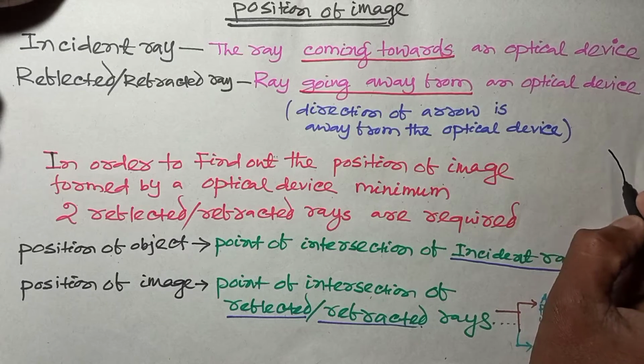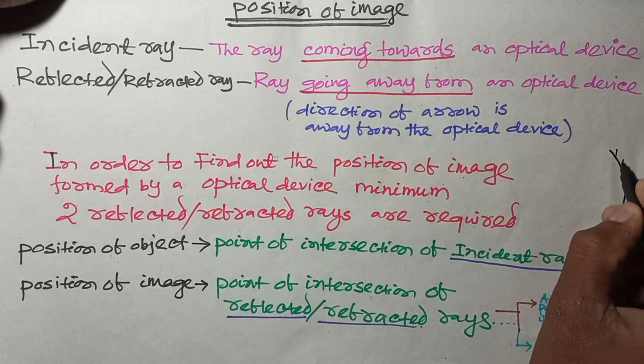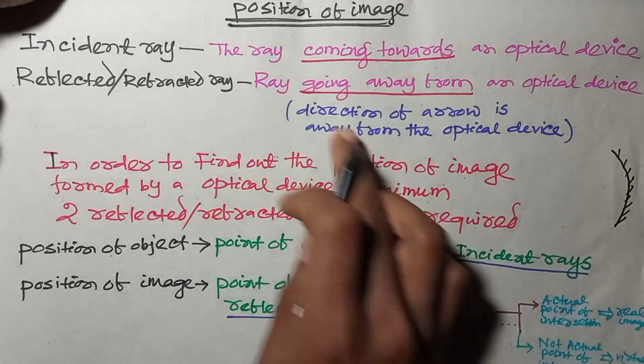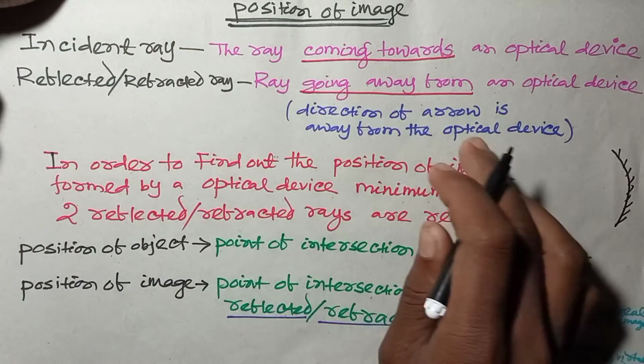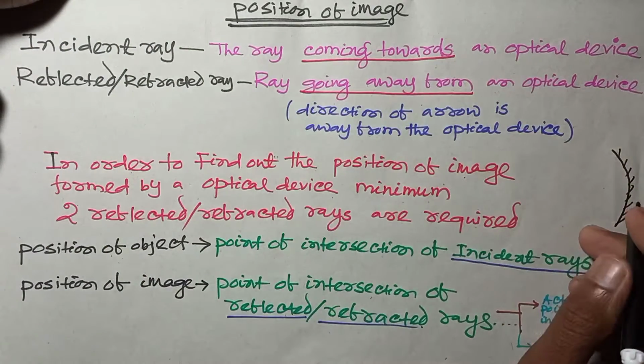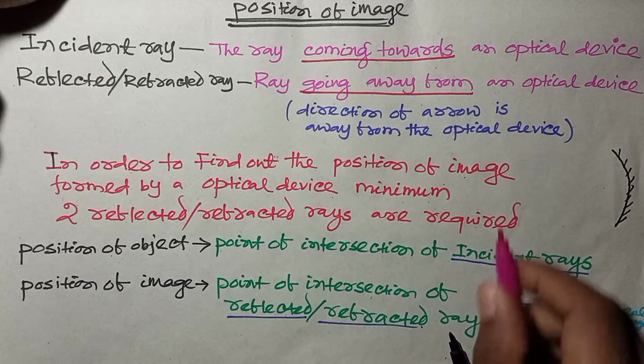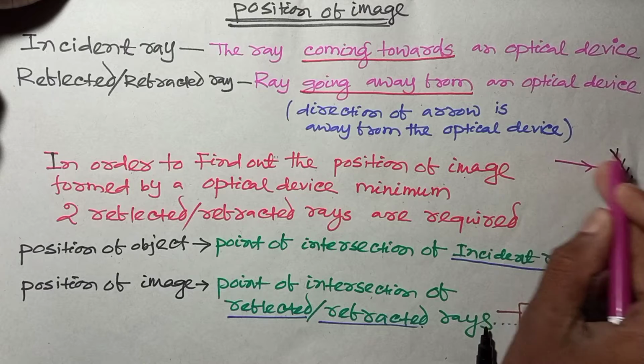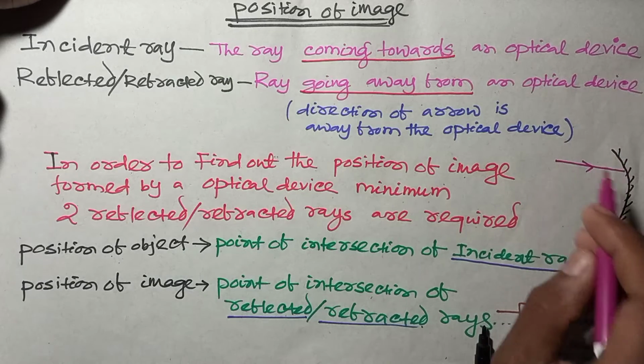So let's say it is an optical device, or let's say it's a mirror. The incident ray means the ray which is coming towards the optical device. This is known as your incident ray.